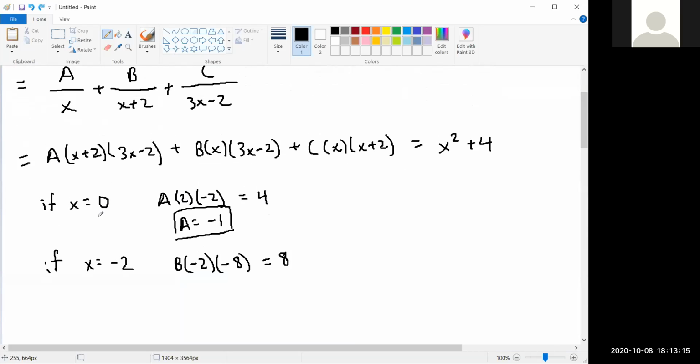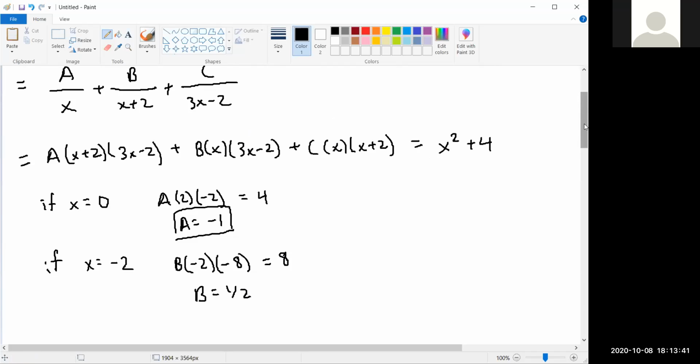So when x is 0, then this is 0, and this is 0. So the only part that doesn't go to 0 is this part right here and this part right here. Okay, so b is 1/2 here.